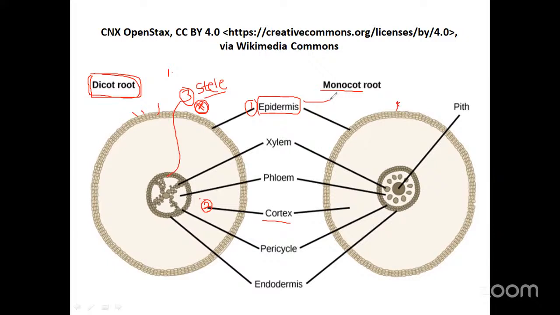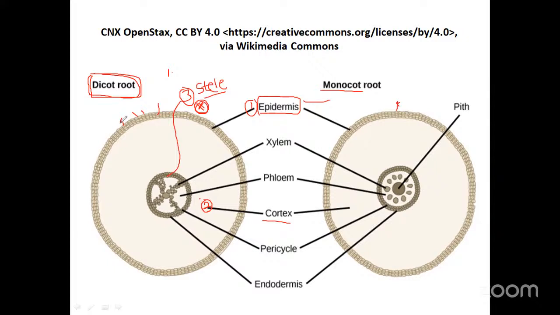And the cortex. If you see the cortex, this region, the cortex is multi-layered. You can see here. Of course, the outer layer is epidermis.